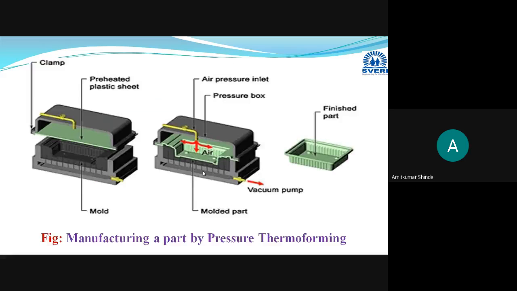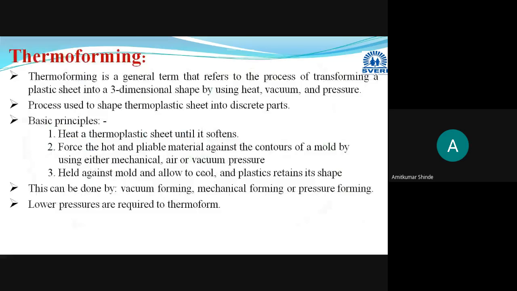In this we will see the concept of thermoforming. First we should understand the meaning of thermoforming. In thermoforming, whichever plastic sheet we have obtained at the end of the calendaring operation, to that plastic sheet we are going to give the desired three-dimensional shape.